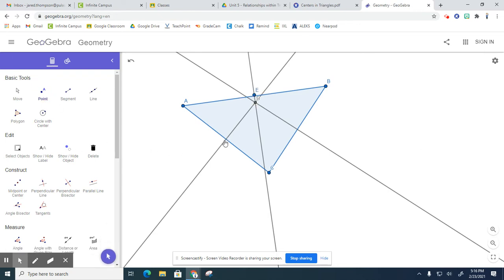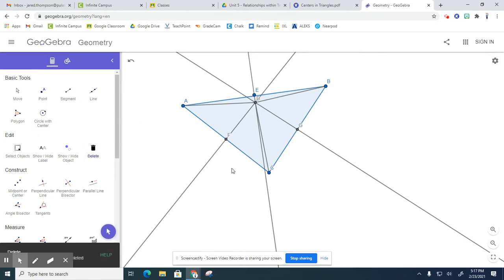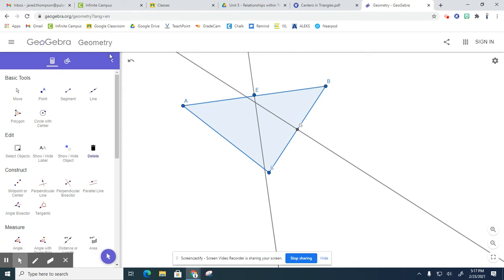I wanted them there, there, and there. Then I'm going to construct segments in here. Now I'm going to see if I can delete some of this stuff so it's not so chaotic. Nope, that didn't work.